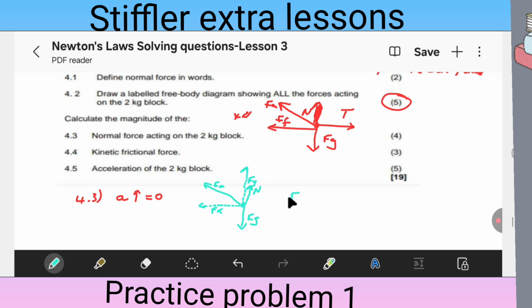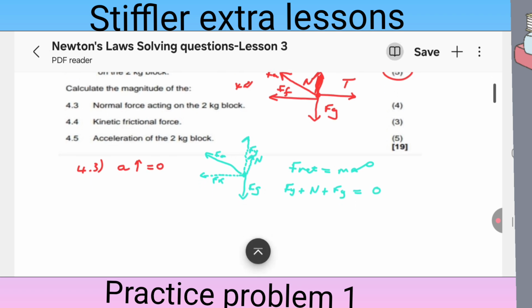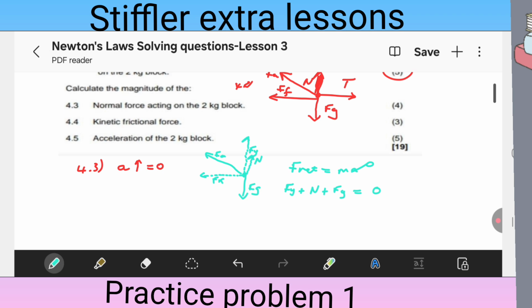We start with F net equals ma, but since the acceleration going upwards is 0, it will be like that. There are 3 forces acting up and down, so F at y plus the normal force plus Fg must give us 0. How to calculate Fy?